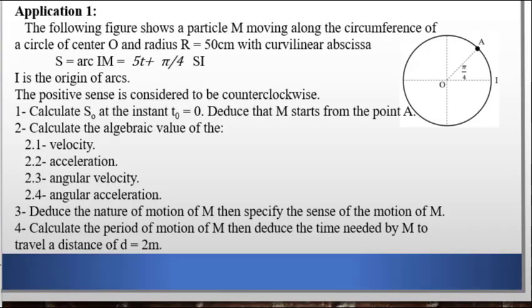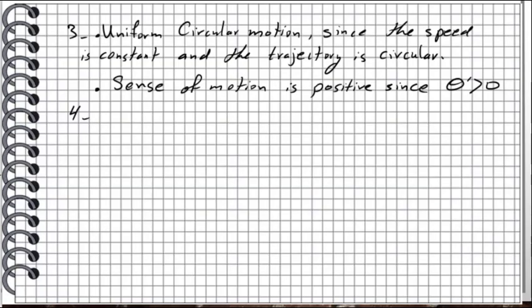Part 4. He said calculate the period of motion of M, then deduce the time needed by M to travel a distance of 2 meters. Let us find the period of motion first. How to find T? You can study by heart, or you can use a cross multiplication. The speed is the distance divided by time, we know. If the distance is 2 pi radius, then the time will be the period. I will apply cross multiplication.